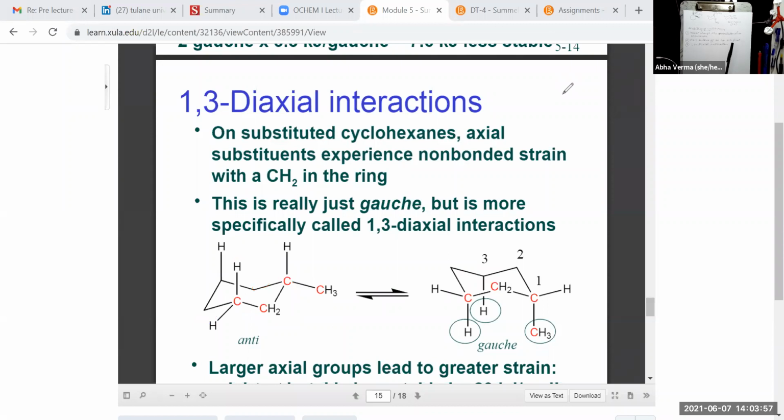And as we looked at earlier, alternate carbons have their axial groups on the same side. If there are hydrogens, it's completely fine. But as soon as you have bigger or bulkier groups on the axial sites, they will start to have steric strain. Even though it's just the staggered gauche, it is still a little bit significant. Remember we also looked at the flagpole interactions.